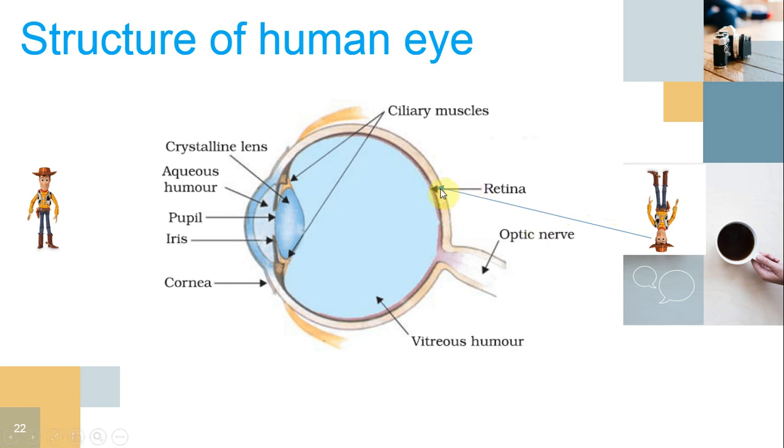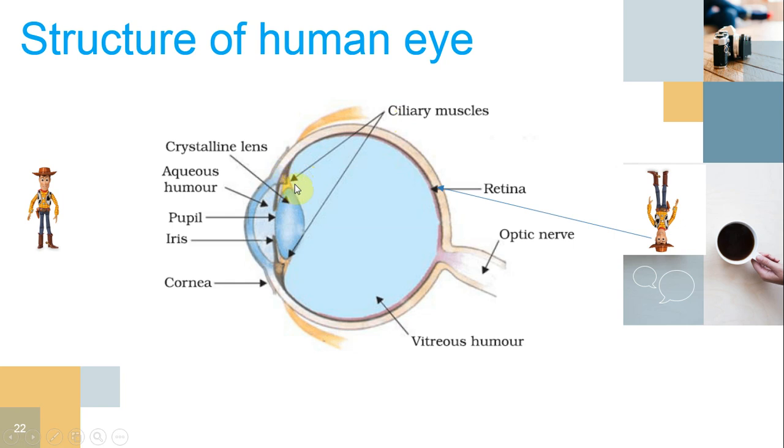That means we get a real and inverted image on the retina. This information is translated by our brain. We get the original image as like the object. Here the focal length can be adjusted by the ciliary muscles.